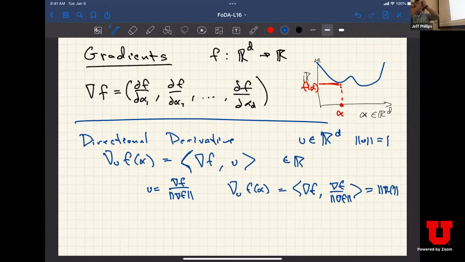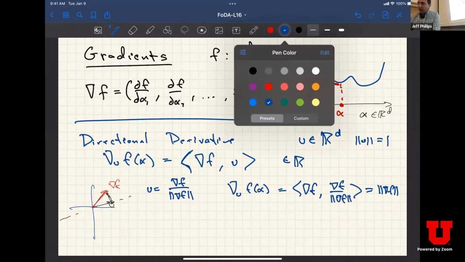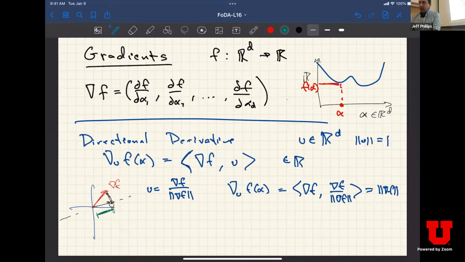If I do a dot product with a unit vector, I'm projecting some vector. So I've got some direction nabla f, and I project onto a direction u, which is a unit vector. What I'm getting is the length of it after this projection. I can make the length as long as possible. If u is exactly on this, then the projection is not shrinking anything.